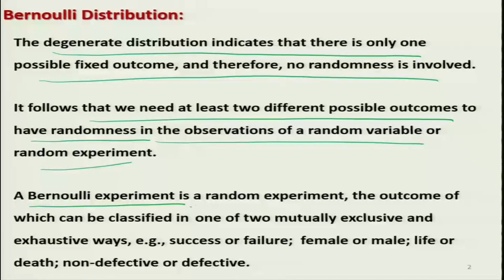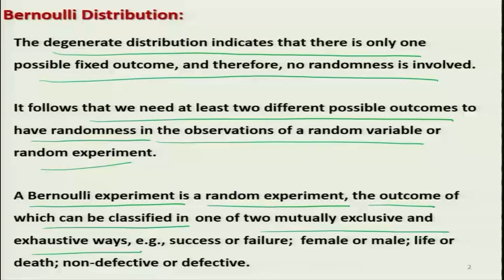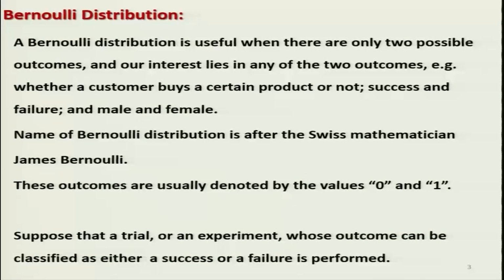A Bernoulli experiment is a random experiment in which the outcome can be classified in one of two mutually exclusive and exhaustive ways, like success or failure, male or female, life or death, defective, non-defective, etc. This Bernoulli experiment will give us an idea about the Bernoulli distribution.